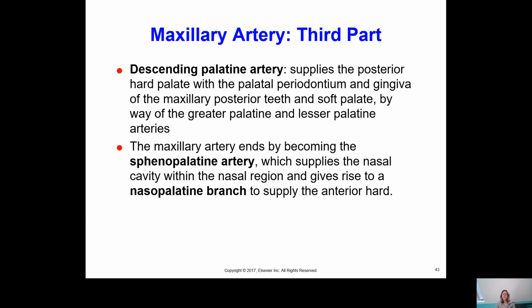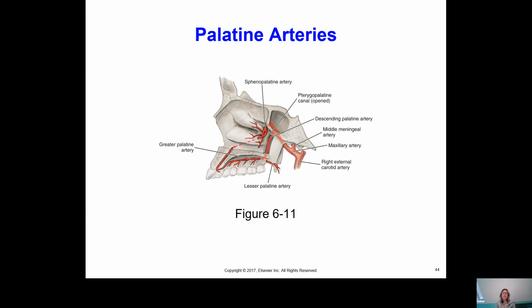And then you've got your sphenopalatine, which supplies the nasal area, and your nasopalatine, the anterior hard palate. Remember, we said the nasopalatine nerve and arteries are going to pass through the incisive foramen, just behind your maxillary anterior teeth. This is a picture of your palatine arteries.